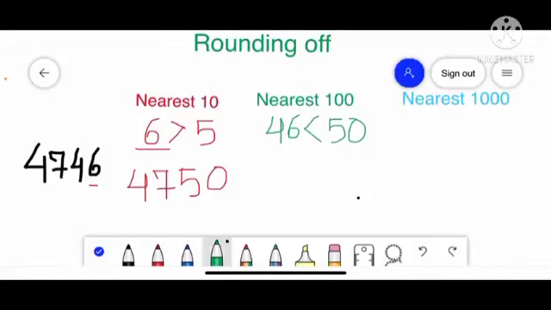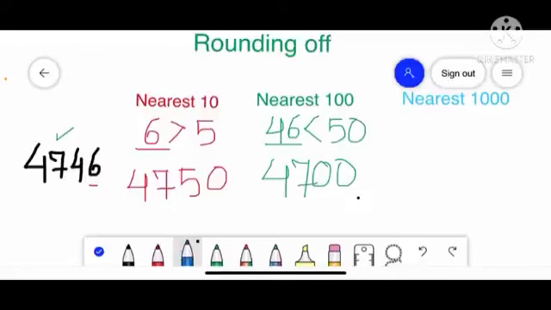So we are not going to increase the digit which is on the hundreds place. What is on the hundreds place? 7. If it is less than, we are not going to increase the value. We will write the same number, that is 7 only. 4, 7. If it were bigger, then we would increase it. Now the digits we are comparing will be replaced by 0. So we will write 2 zeros there.